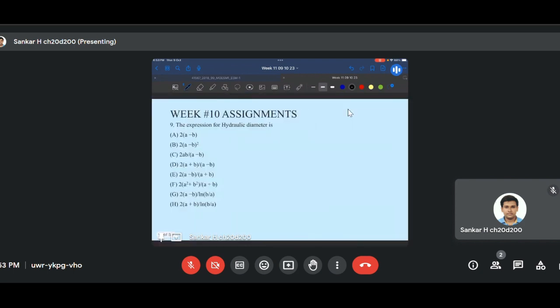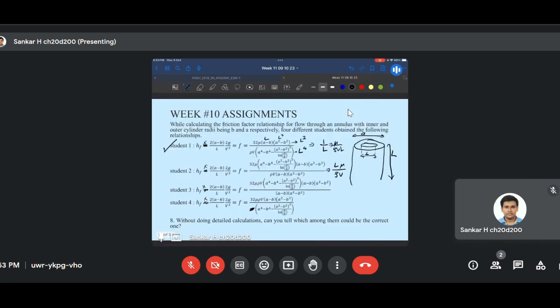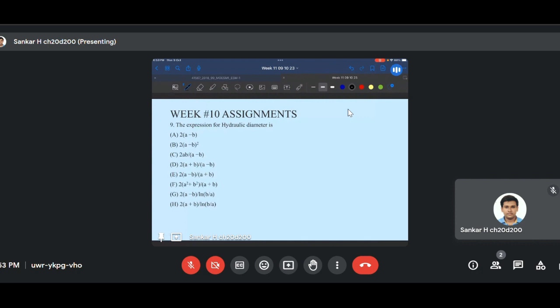Okay, let's move on to the next question. They have asked for the expression for the hydraulic diameter, and as we had mentioned earlier, the hydraulic radius needs to be counted out, which is the cross flow area by wetted perimeter.